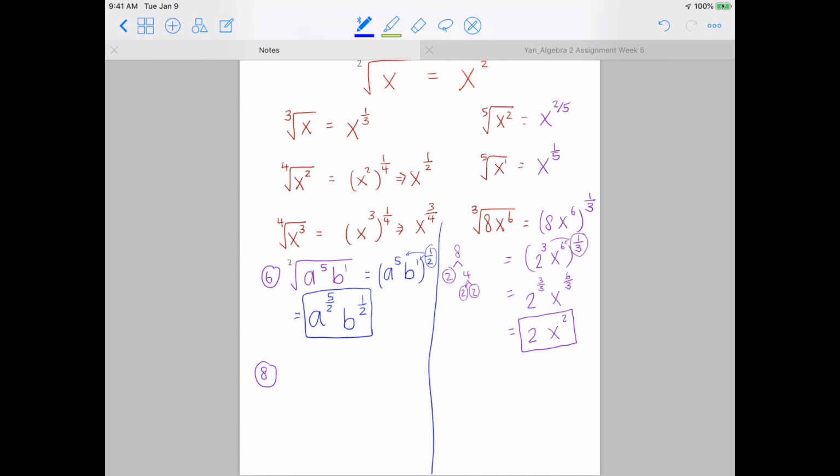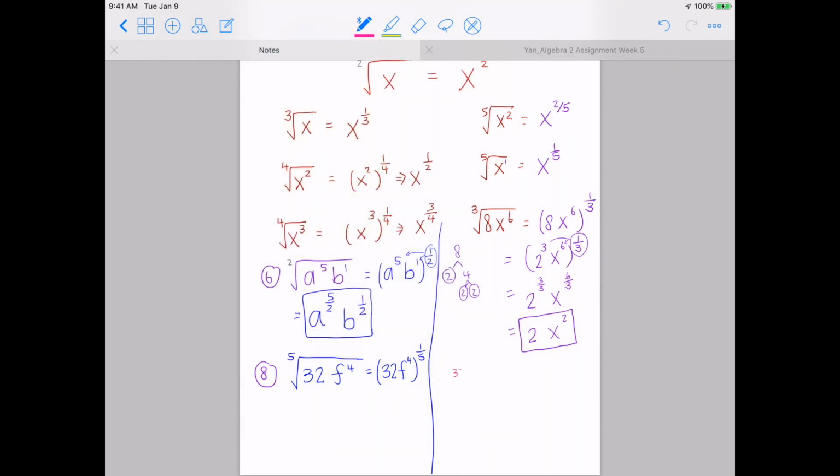Okay, let's look at number 8. Number 8 is the fifth root of 32 f to the fourth. Again, let's rewrite it. We have 32 f to the fourth, to the 1/5. We can do something to the 32.